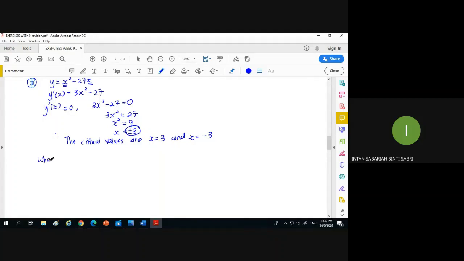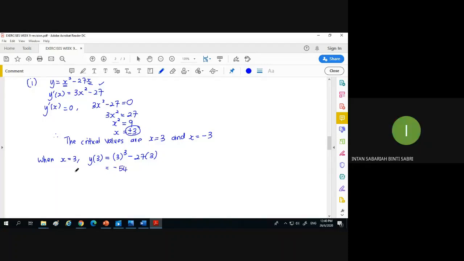Okay, so when x is equal to 3, kita ada y kan, so y3 masuk dalam sini. 3 cube minus 27 times 3, okay, dah smooth dah. So dapat apa? Negative 54. Negative 54, right?